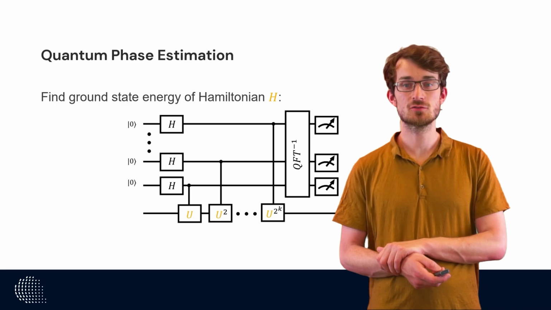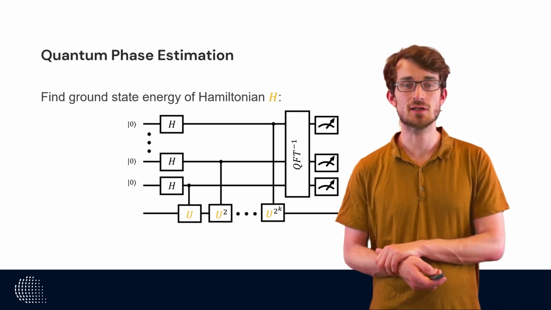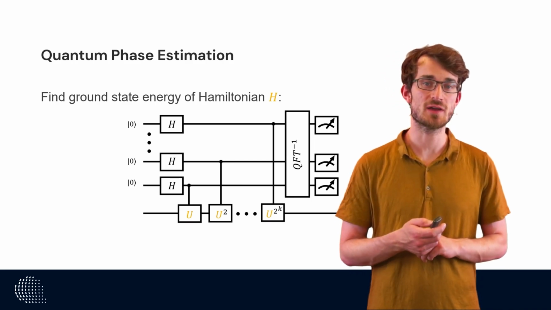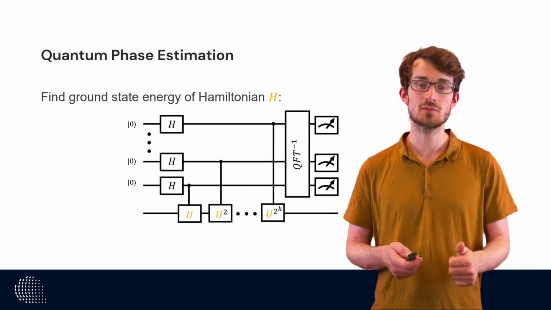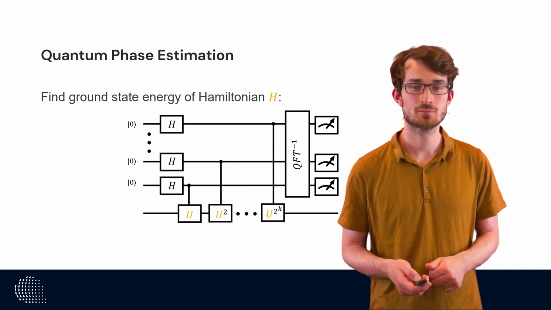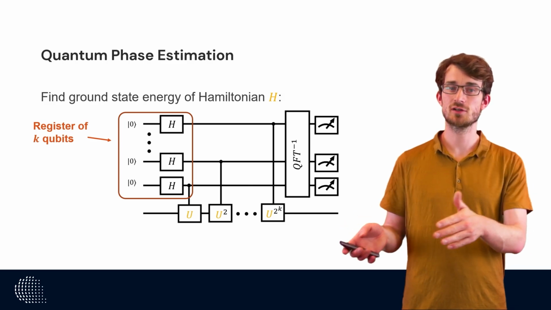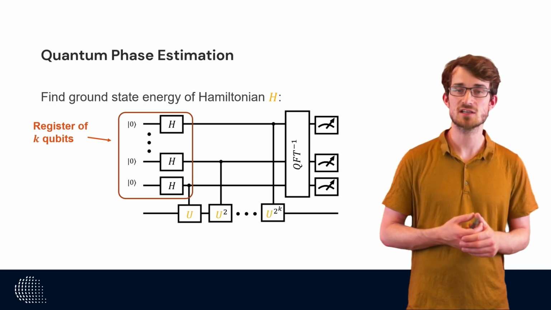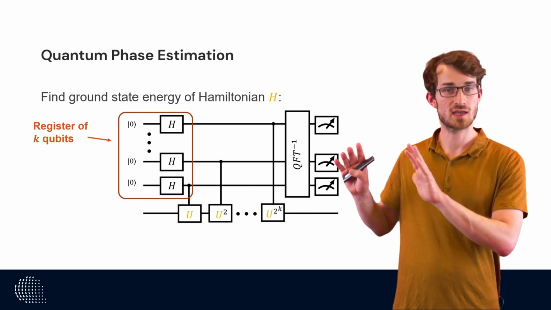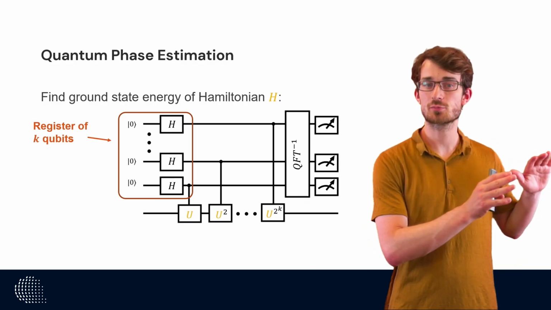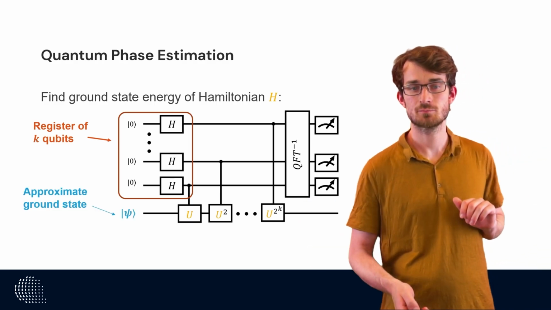What we do is we want to find the ground state energy of that Hamiltonian, and we can use a technique called quantum phase estimation for that, which is an algorithm that we can run on our quantum computers. The first thing we do is we take a register of k qubits, which are unrelated to the chemistry problem, but relate to how precisely we can measure the energy.